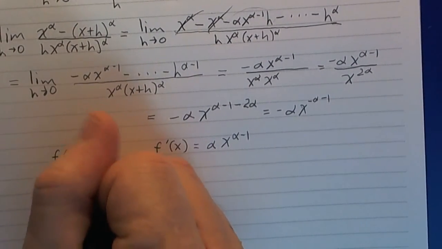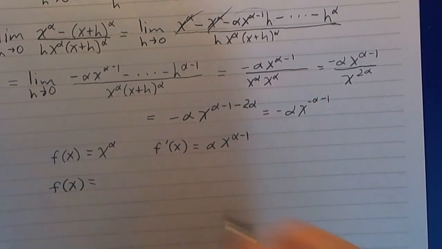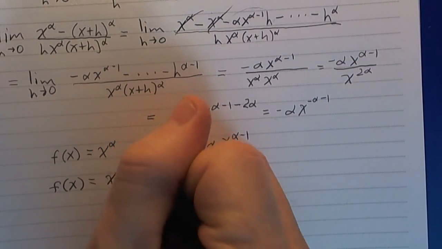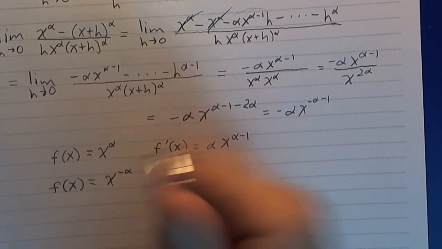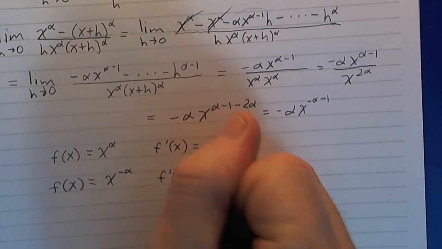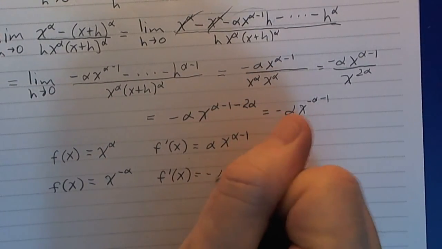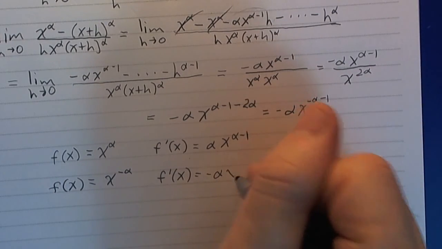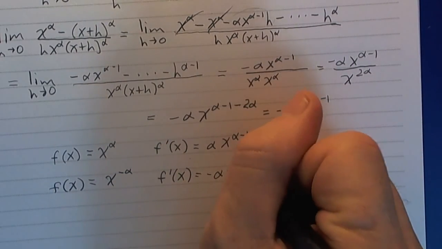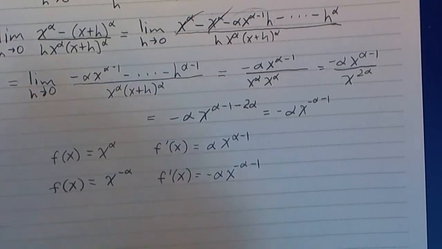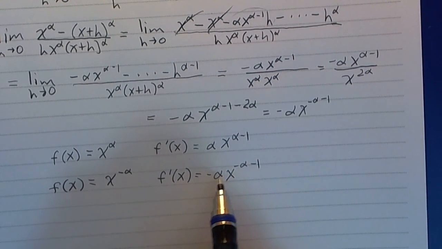Let's suppose I have f of x is equal to x to the negative alpha. And let me apply this rule. Well, I bring the negative alpha out front. And then I subtract 1 from what was already up here. So you see, it matches up, right?